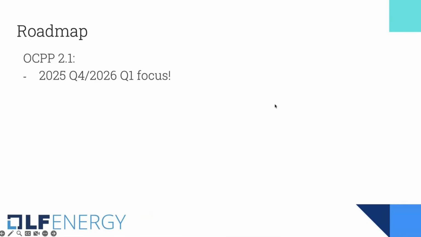After this next set of releases, we're going to be focusing on OCPP 2.1 development. So 2.1 was released, I think early this year, perhaps late last year, but it hasn't seen a whole lot of adoption yet in the field.